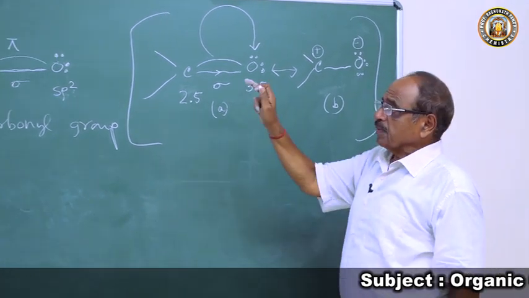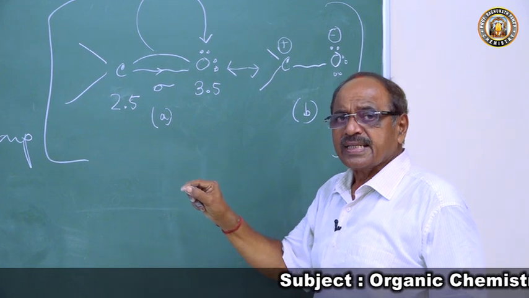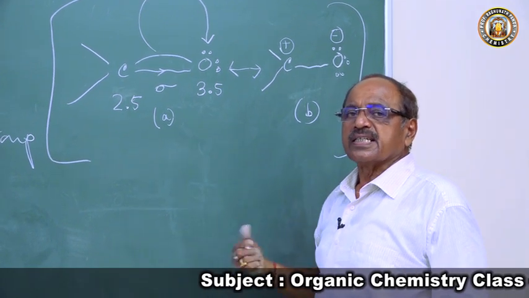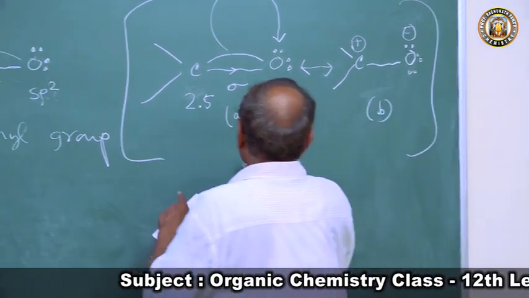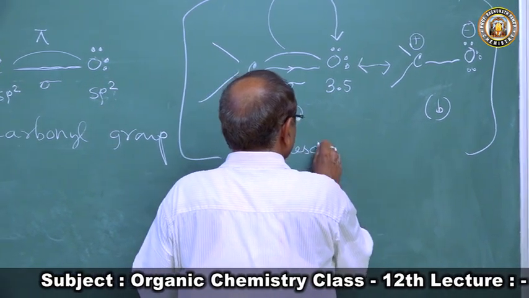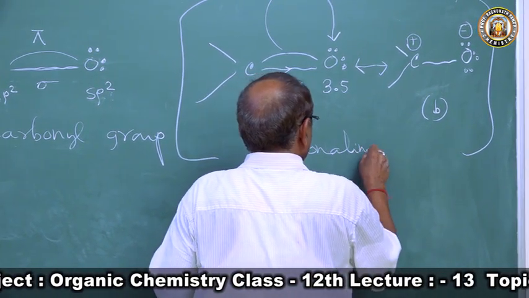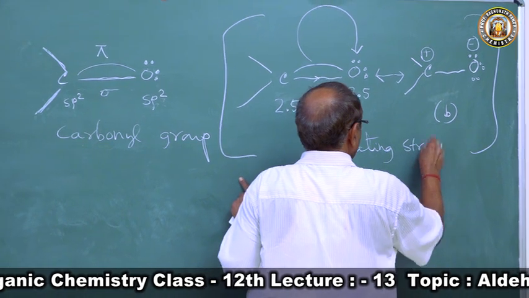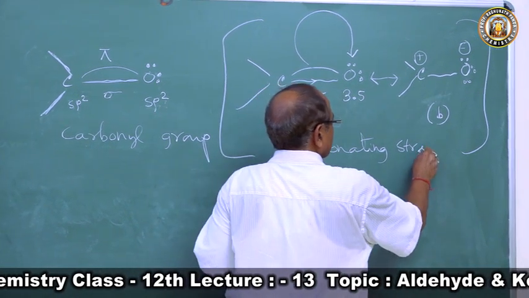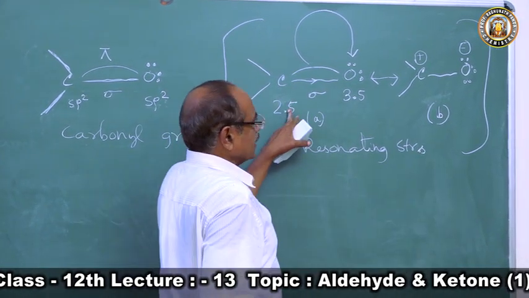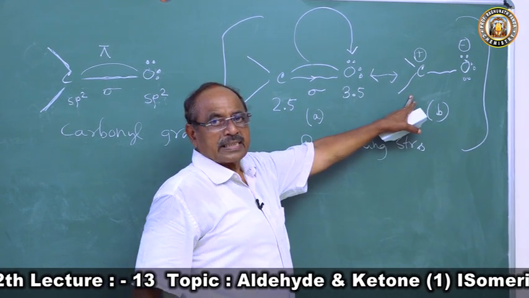So that means the carbonyl group has the ability to exhibit resonance. These are the two resonating structures of the carbonyl group: one is a non-ionic structure and the other is an ionic structure.